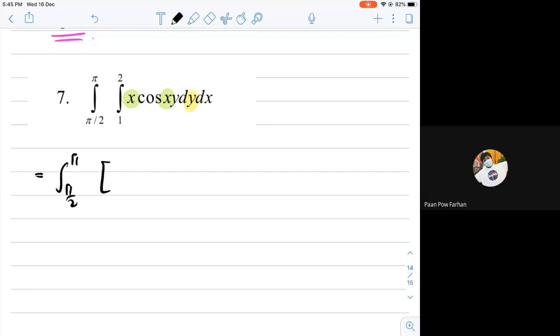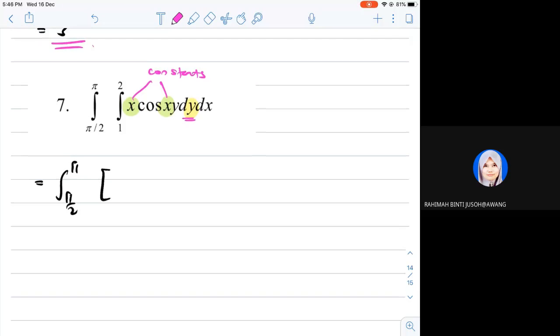By part. Kenapa kena guna by part? Guys, as I mentioned earlier, these x are just constants because we want to integrate with respect to y, kan? So you kena anggap macam 3 cos 3y integrate terhadap y.